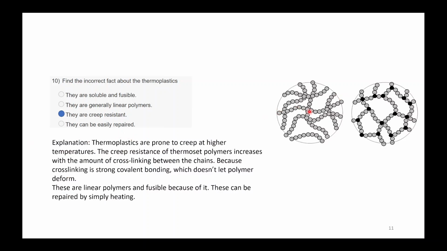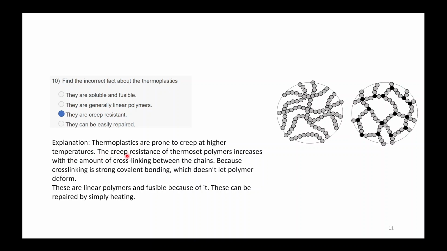Now these have cross linking, so these are mainly thermosets, and these are linear and branched polymers, so these are thermoplastics. In case of thermoplastics, they are prone to creep at higher temperatures.